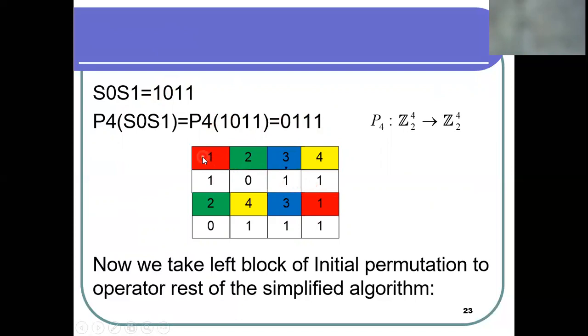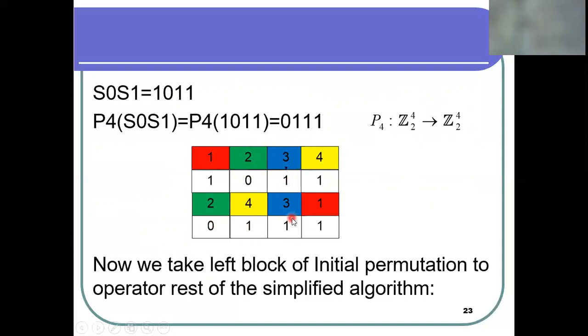What P4 does is the second element is placed on the first position, the fourth element is placed on the second position, the third remains on the third, and the first is placed on the fourth position. So in that case, the second element, which is 0, is placed over here, and the fourth element, which is 1, is placed over the second position.